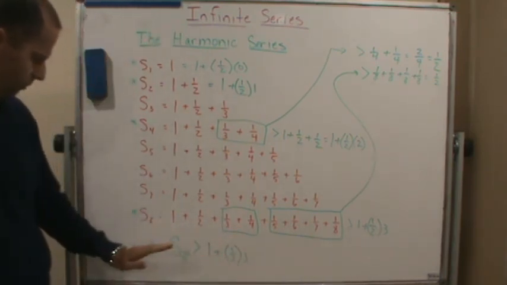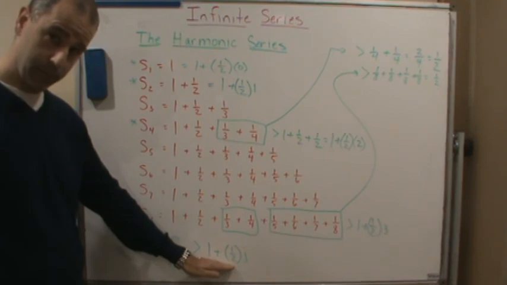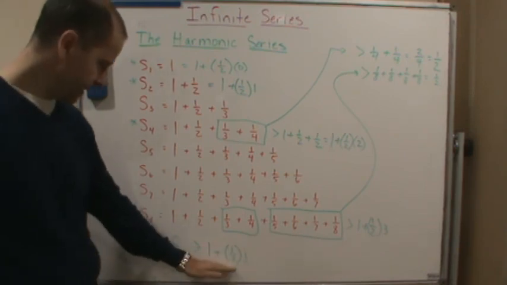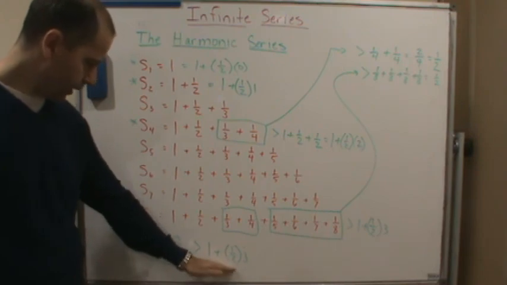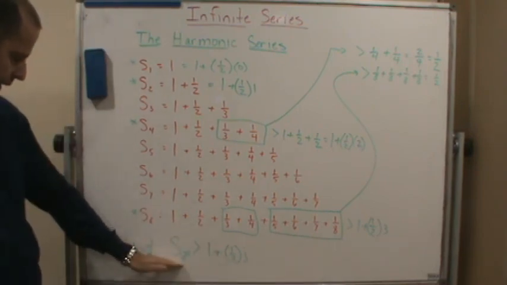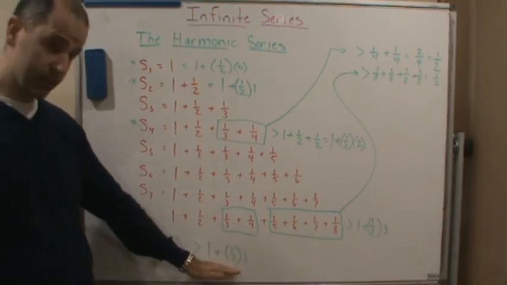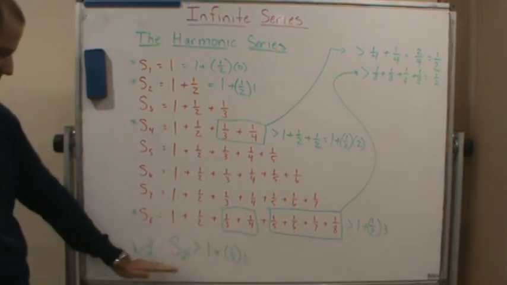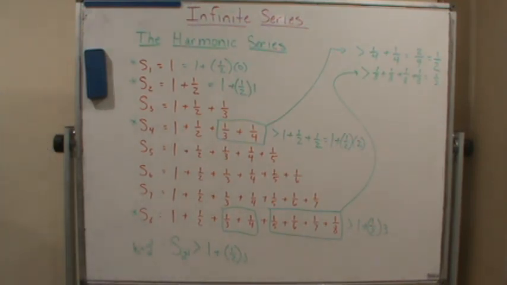And since this sequence of partial sums is always greater than this sequence, if this is unbounded, this sequence of partial sums is also unbounded, and therefore the harmonic series diverges.